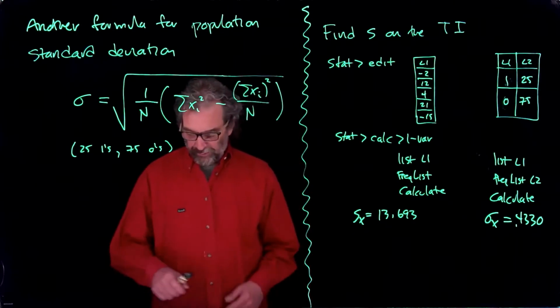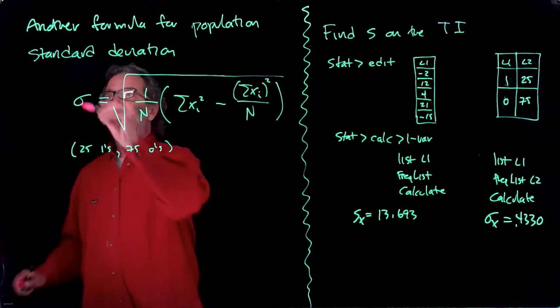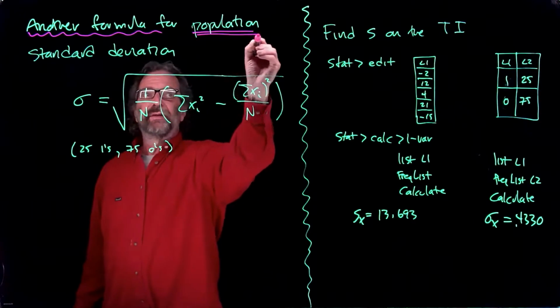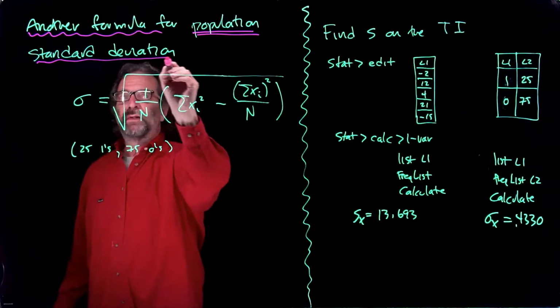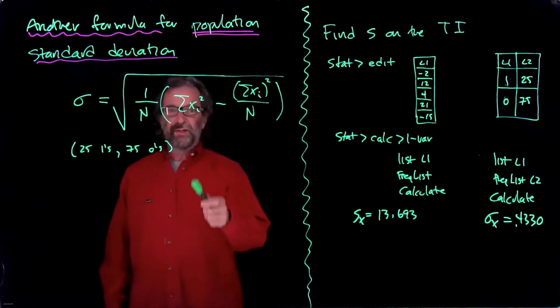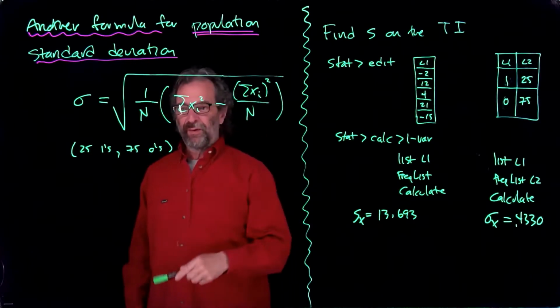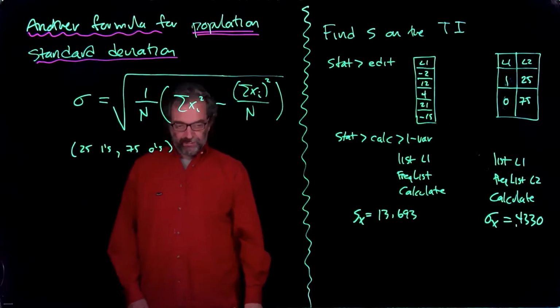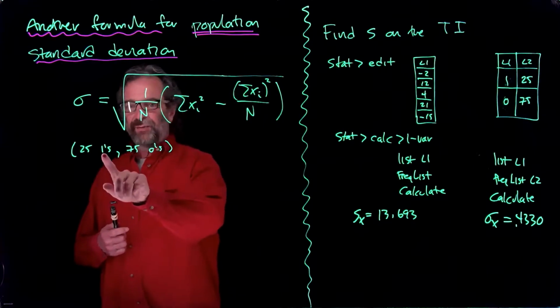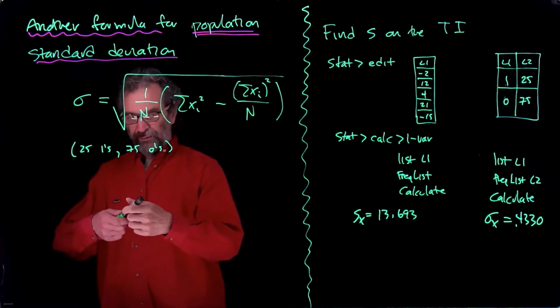Well, you might have guessed, yet another formula for finding out the population standard deviation. It looks pretty much like our other formula. Now we're summing the same way. Probably easier to sum this time. Let's see. So the situation is I've got 25 ones and 75 zeros.